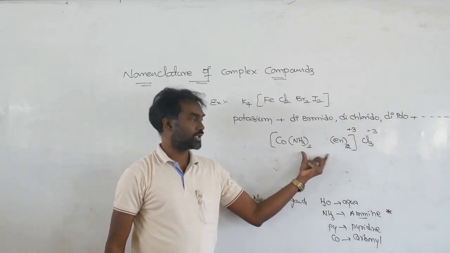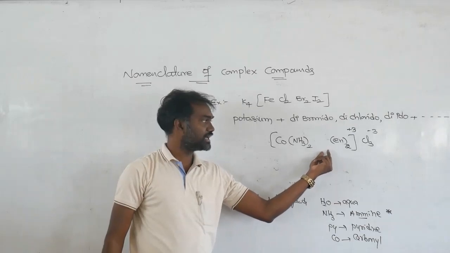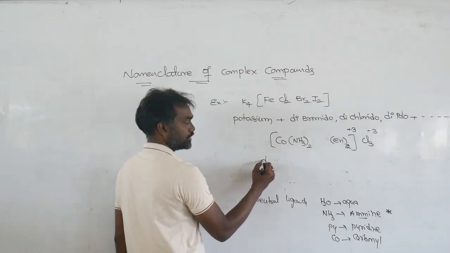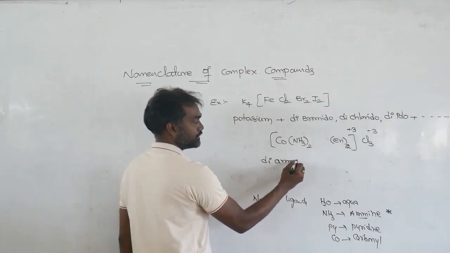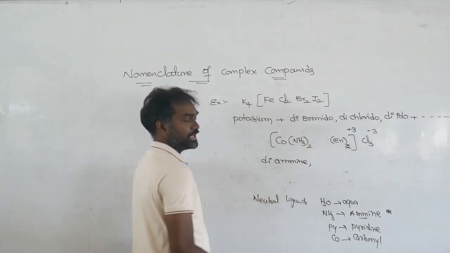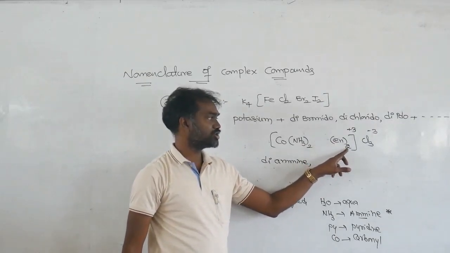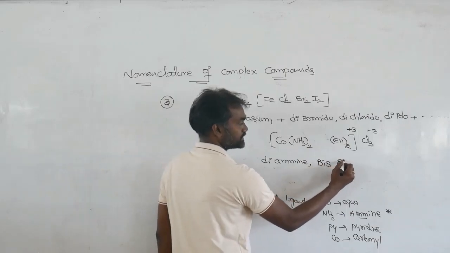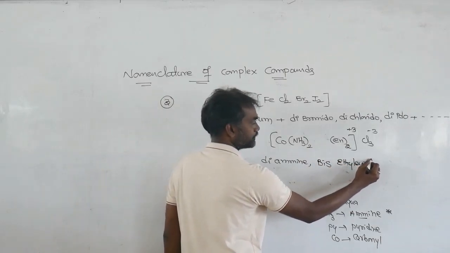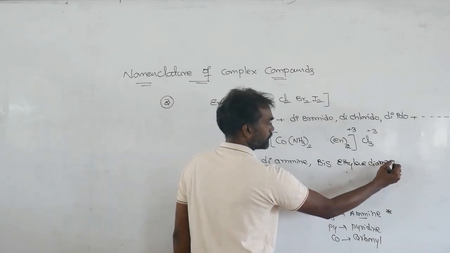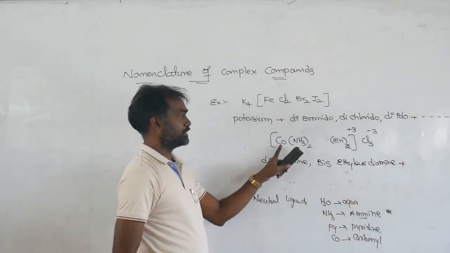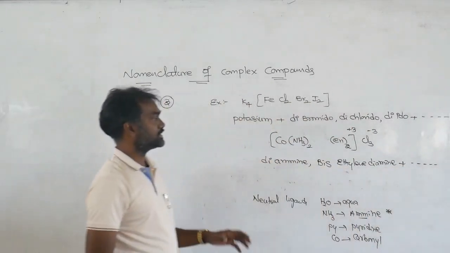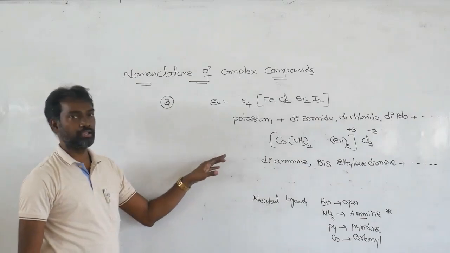In the complex sphere, metal and ligands are there. First we discuss the ligands. It starts with ammine, so diammine, comma. Next, ethylene diamine is a bidentate ligand, more than 1, so bis; 2 are there, bis ethylene diamine, plus. Metal, then negative charge. Like that. The next concept, the fourth point, is about the metals.